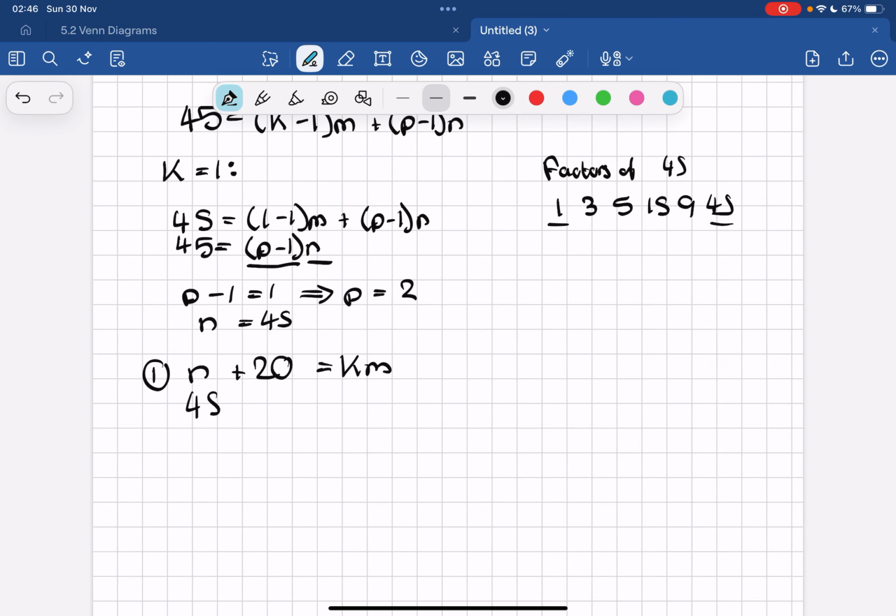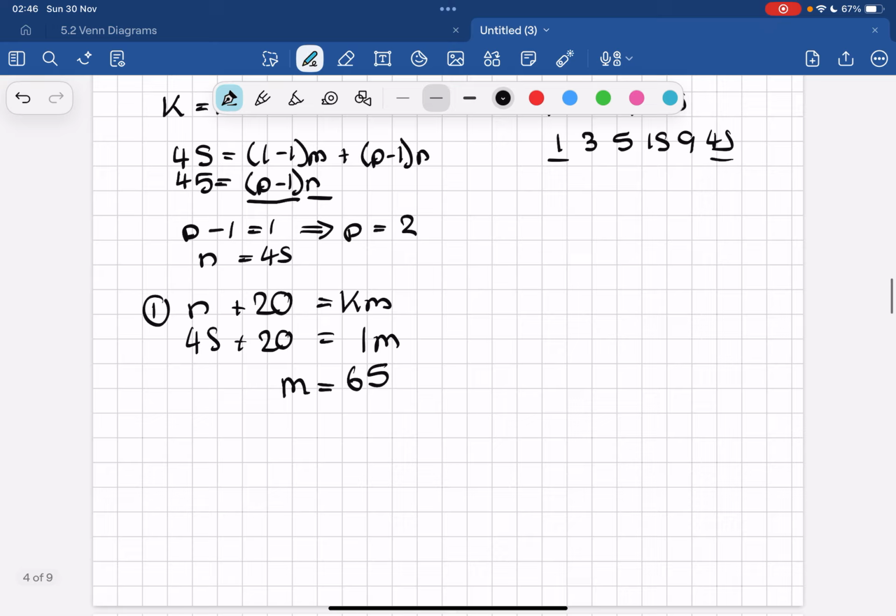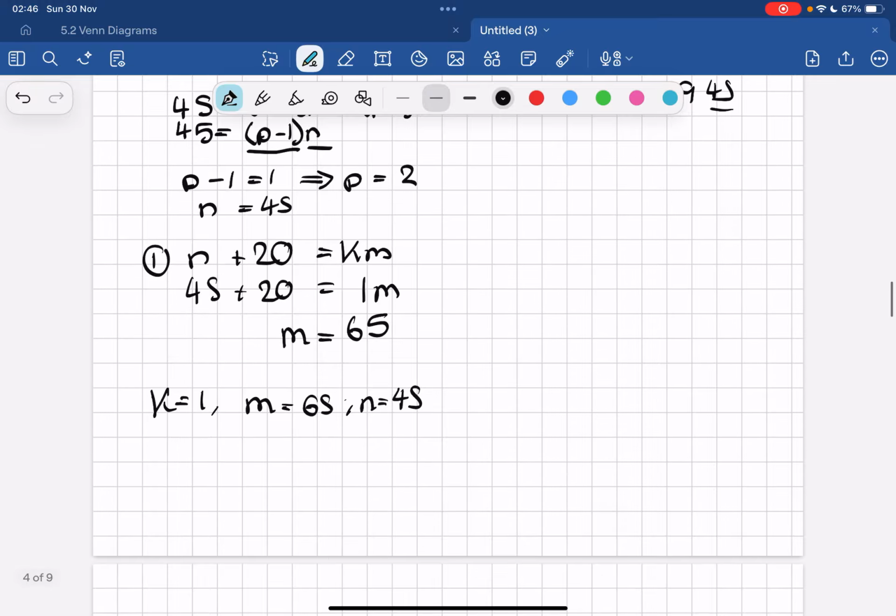So 45 plus 20 equals 1m, so m equals 65. So for when k equals 1, we have m equals 65 and n equals 45. So here m plus n equals 110.